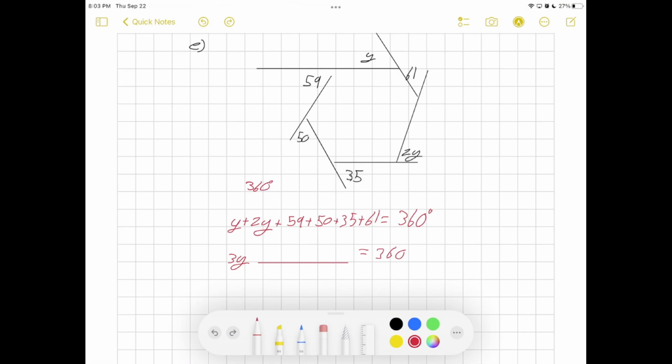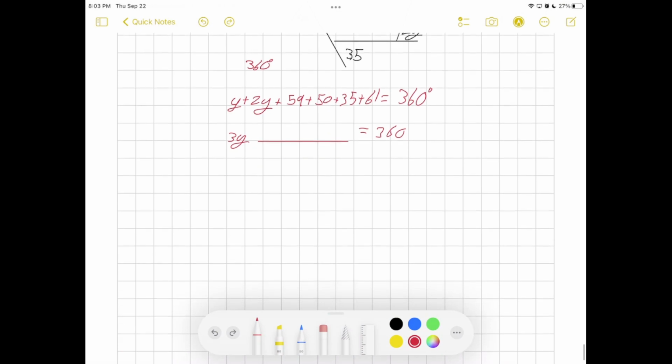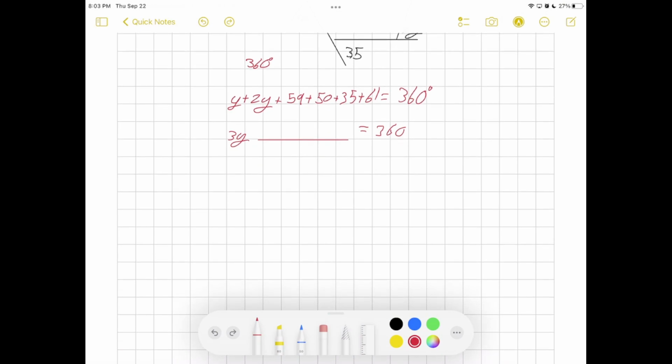Now what we have to do is bring this stuff to the other side, and we opposite it. So if it's being added, we subtract it. If it's being multiplied, we divide it. If it's powered, we square root. Okay. So 3y is equal to 360 subtracted by 59, subtracted by 50, subtracted by 35, subtracted by 61.